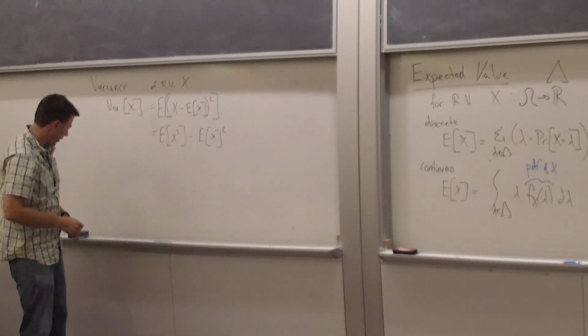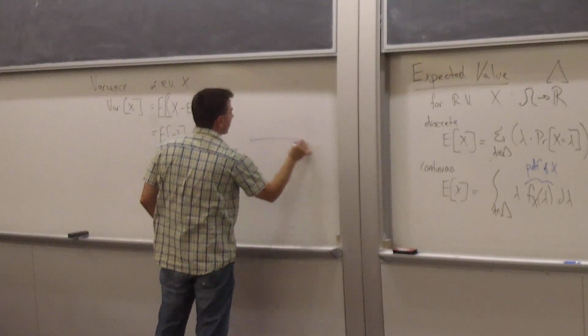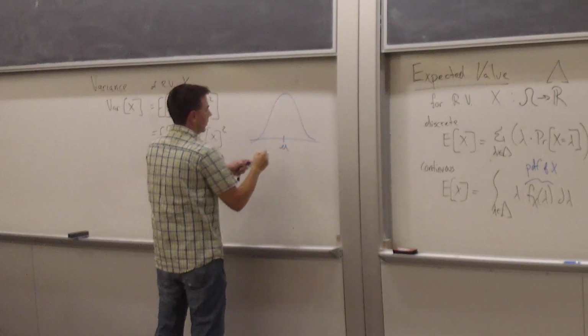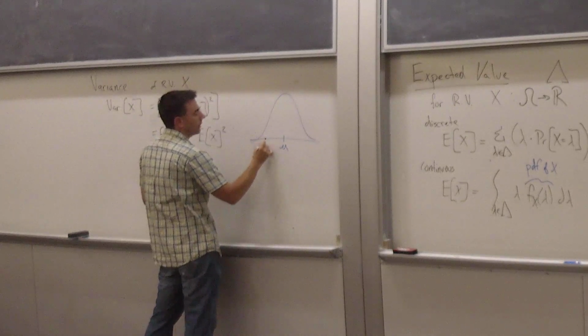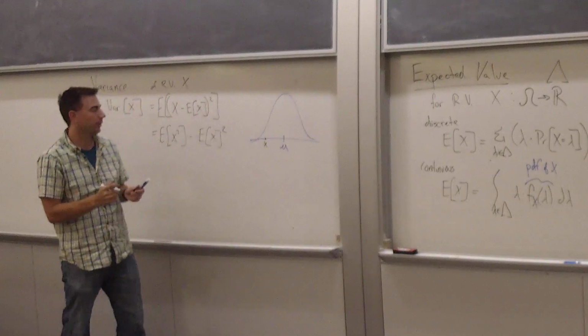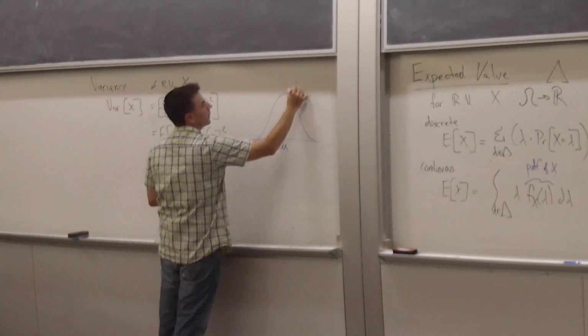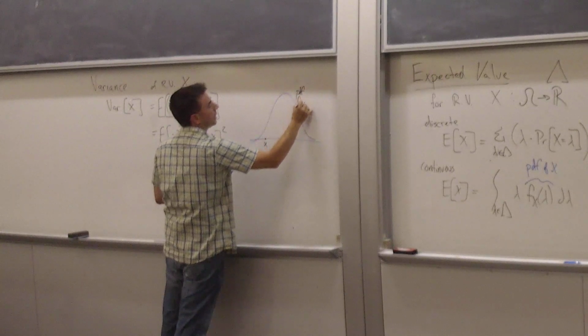So I had my example Gaussian distribution before. I have a particular value of the random variable, lowercase x, and this is the PDF f of x.